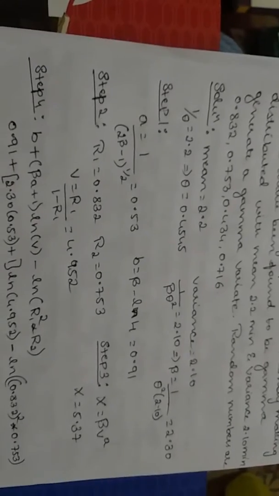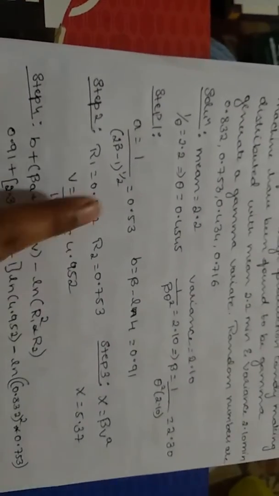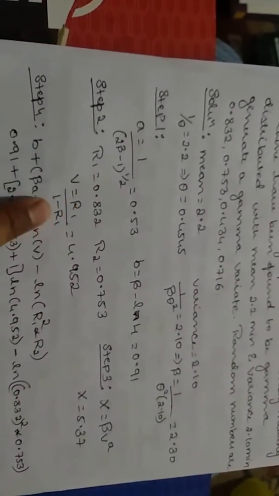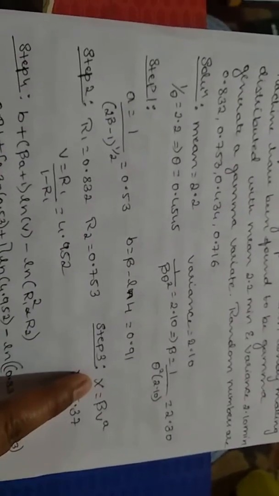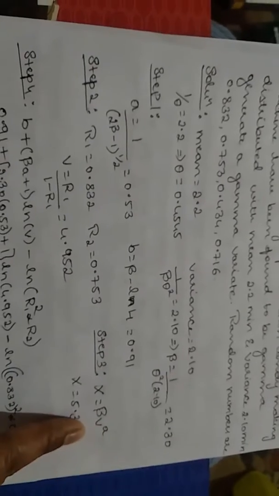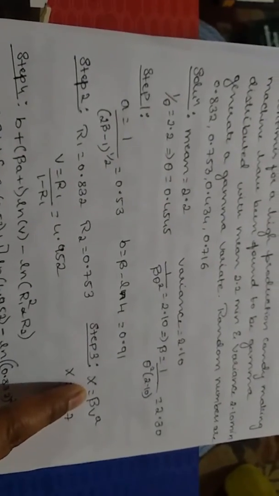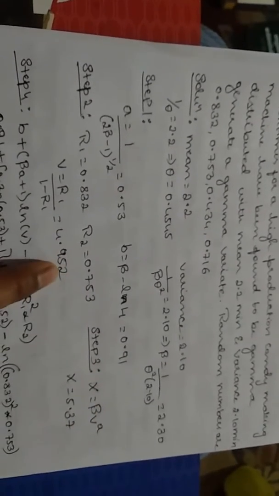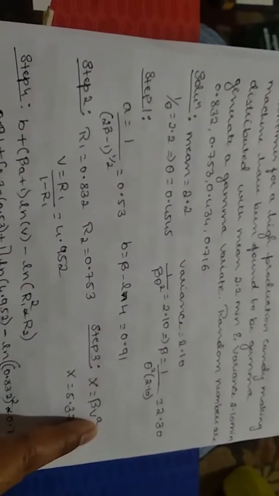Step 2, first take 2 random numbers, R1 and R2, and find the value of V, which is R1 divided by 1 minus R1. Then step 3 is to find X, which is beta V power A. Beta we have already calculated as 2.30, V is 4.952 and the whole power A is 0.53.